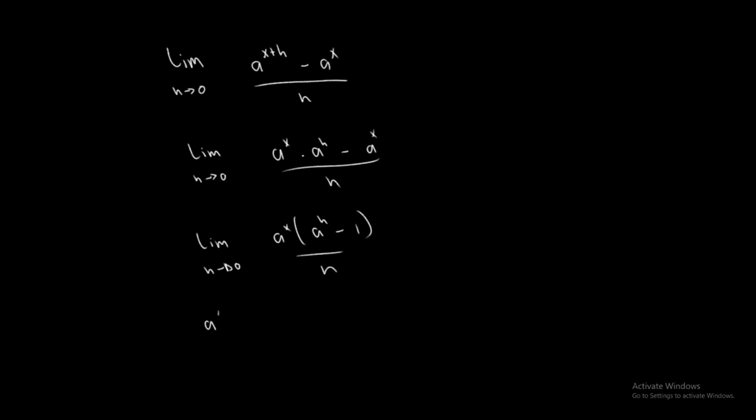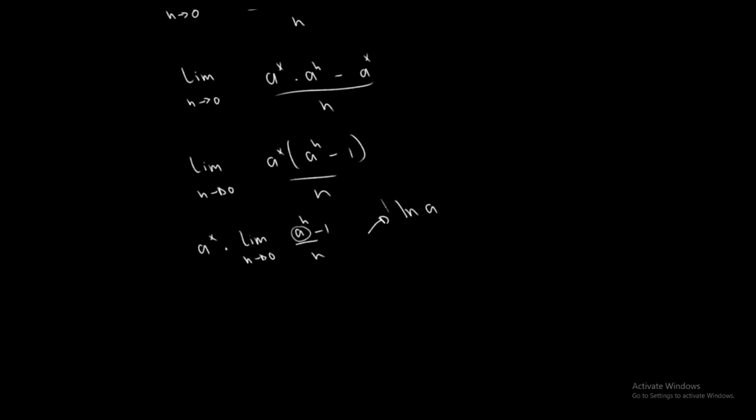So I can therefore say a to the x times the limit as h approaches 0 of a to the h minus 1 over h. And the limit in this case, as we're approaching 0, is actually going to be the natural log of whatever is given.